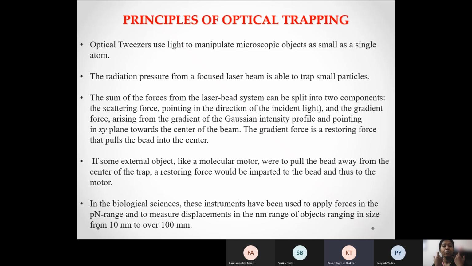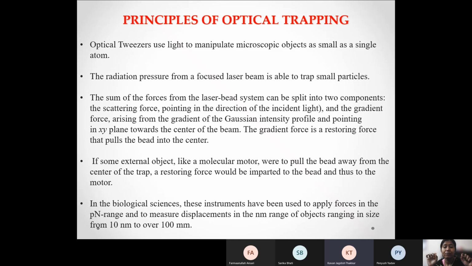Now think of it this way: if you have two beads attached to the ends of a filament, somehow you're able to attach a bead to the two ends of an actin filament, and you're able to have two laser beams falling side by side, so that when you have the two beads trapped on that laser line, you can actually hold this entire actin filament between these two beads, much like the way you were holding the muscle fiber.